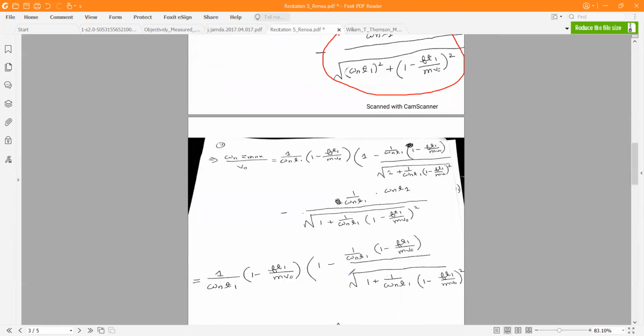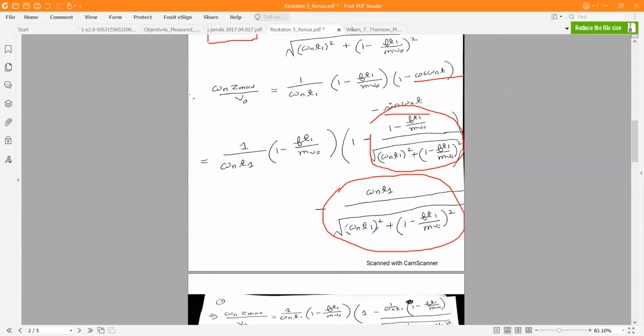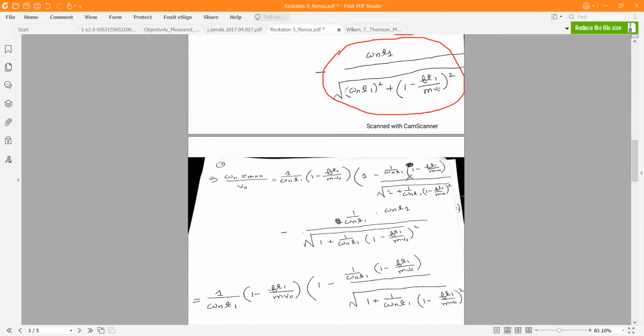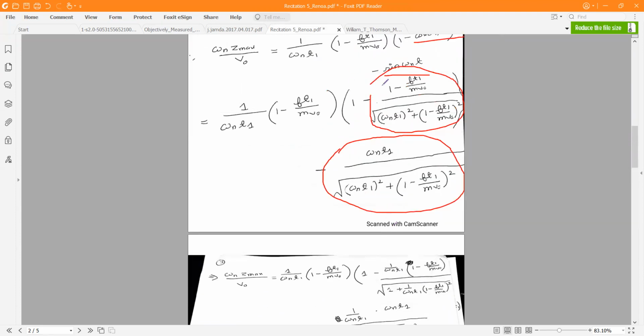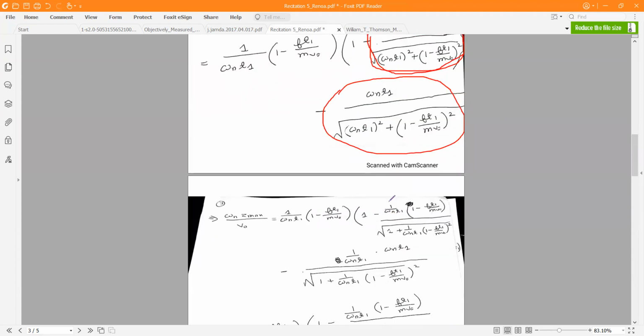For that, I'm going to multiply the denominator and numerator of this fraction by 1 over omega n t1.